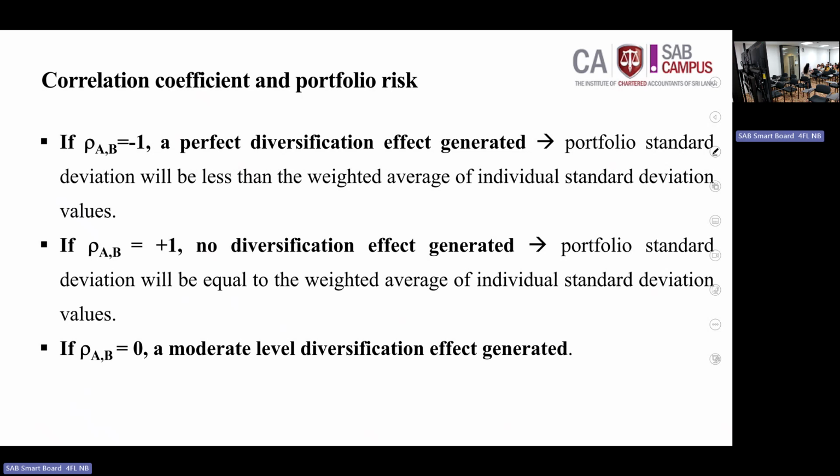When one company's return is decreasing, the other company's return is increasing, so they are balancing the profit or loss, at least to have a zero balance. So if it is perfectly negative, there is a diversification impact.